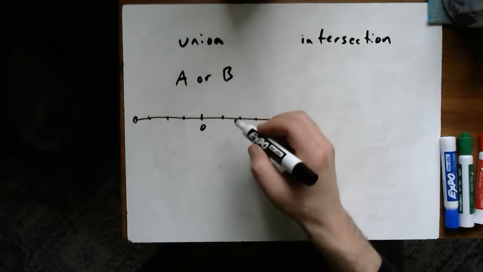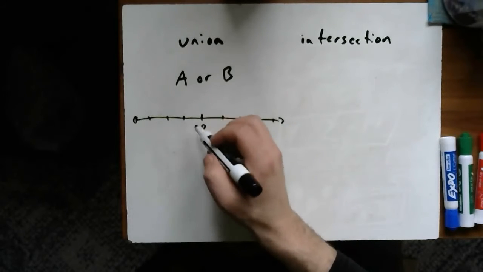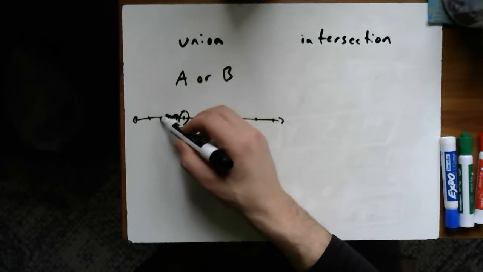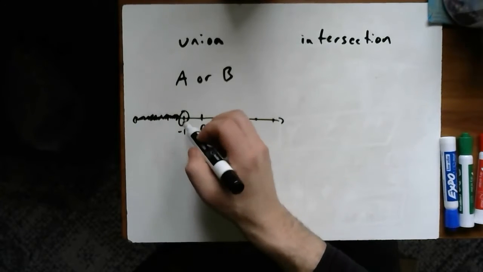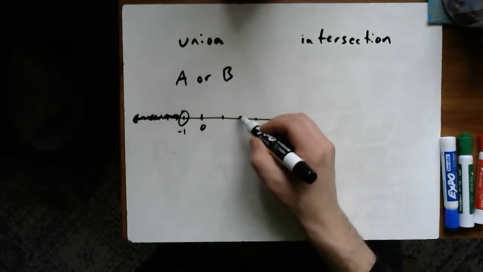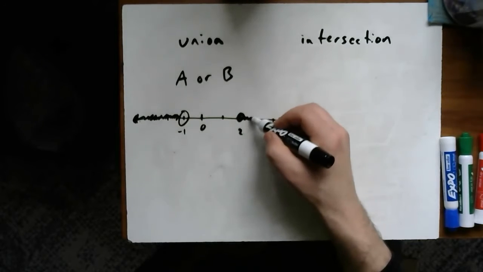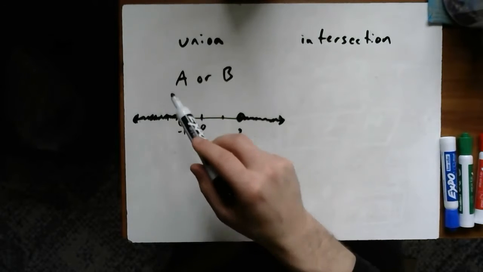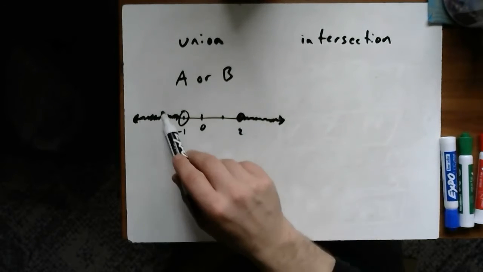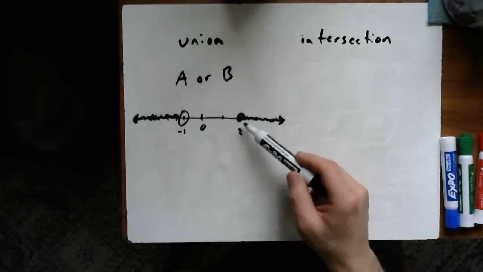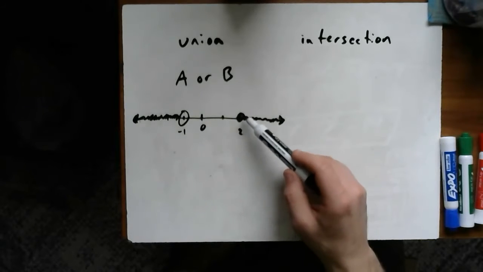So if I say that A is represented by this solution set, everything from -1 on back, and B is everything including 2 and going forward. Well, the solution for the union of A or B is this whole thing, everything to the left of -1 but not including -1, and then to the right of 2 but including 2.